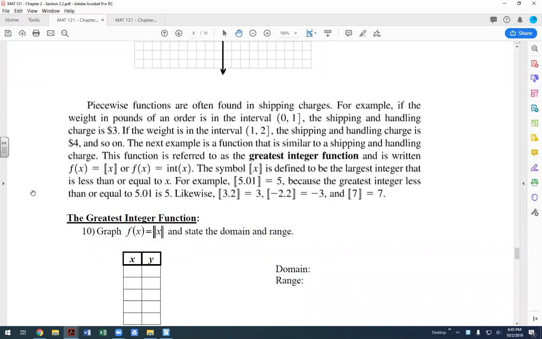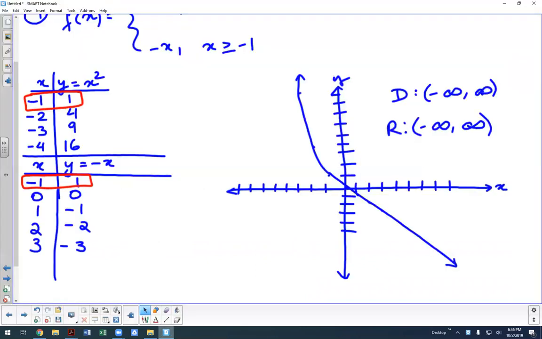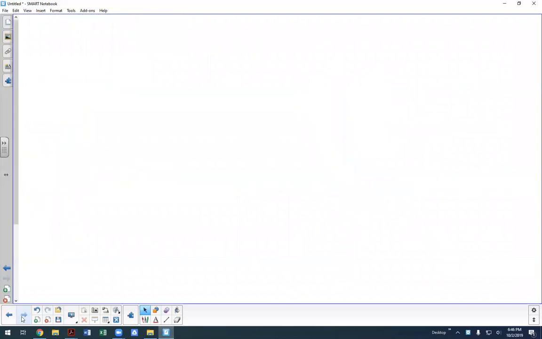Which will again be 3. The only time it's going to be equal to is if you have just a whole number or an integer in there and not anything with a decimal. But anything that has a decimal, you are thinking less than. So let me give you a couple more numbers to work with.